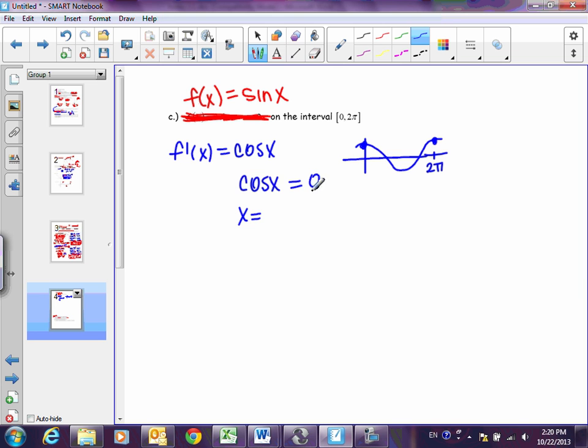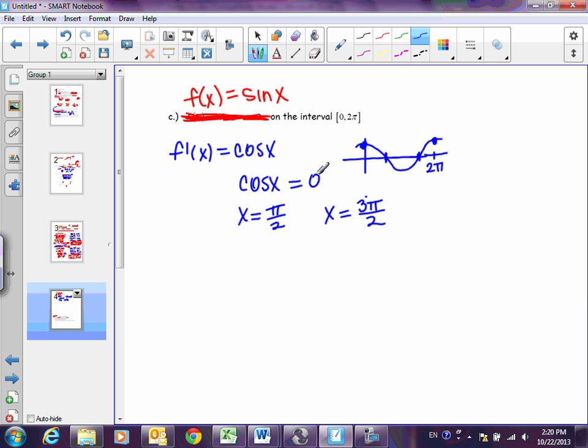So if I'm asking where is cosine x equal to 0, what I'm asking you is, what are these values? 90 and 270, and in radians we write that as pi over 2 and 3 pi over 2. Okay, I really think this is the easiest way.